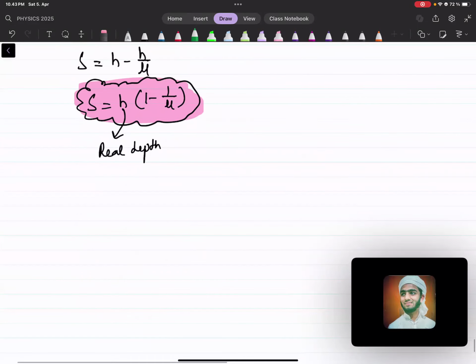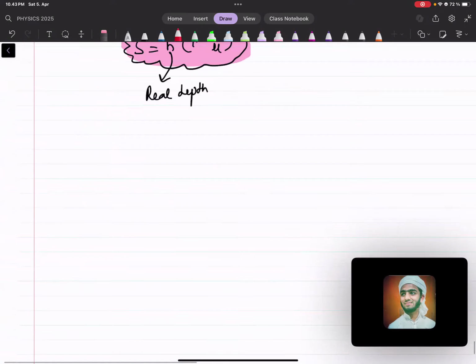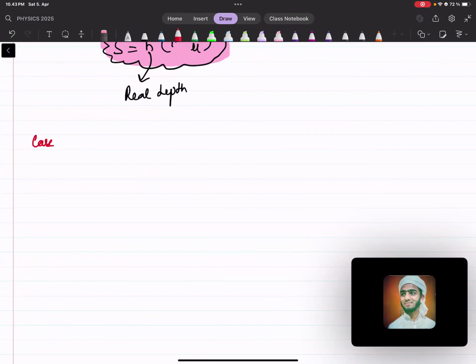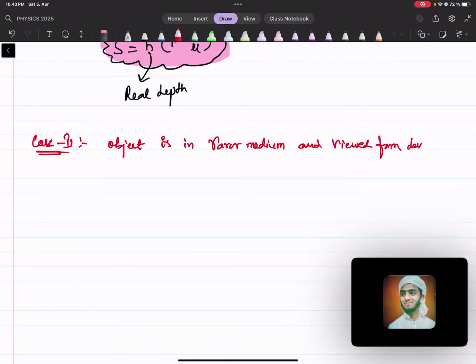No, next case. Case number 2. Now the object is in a rarer medium, like a bird in the rarer medium, and viewed from the denser medium, like a fish.